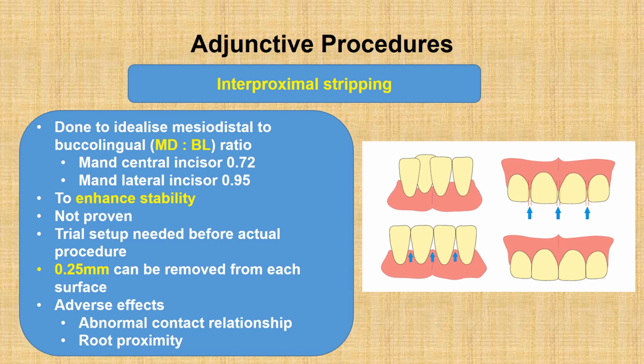Now, this can help to enhance stability, though it is not a proven procedure. A trial setup will be needed before the actual procedure, and up to 0.25 millimeter can be removed from each proximal surface. Now, there are adverse effects in this procedure, which are an abnormal contact relationship and root proximity.